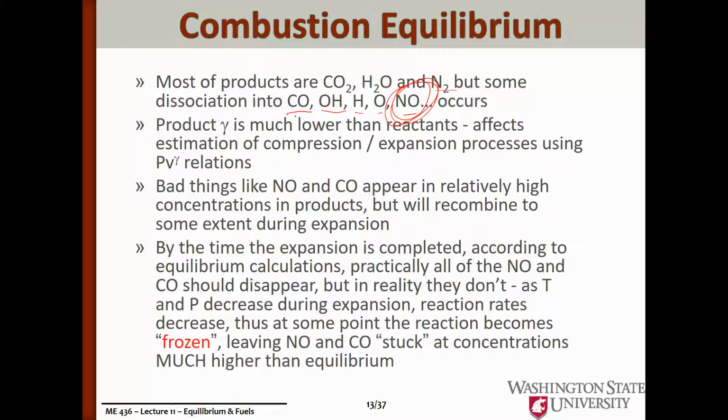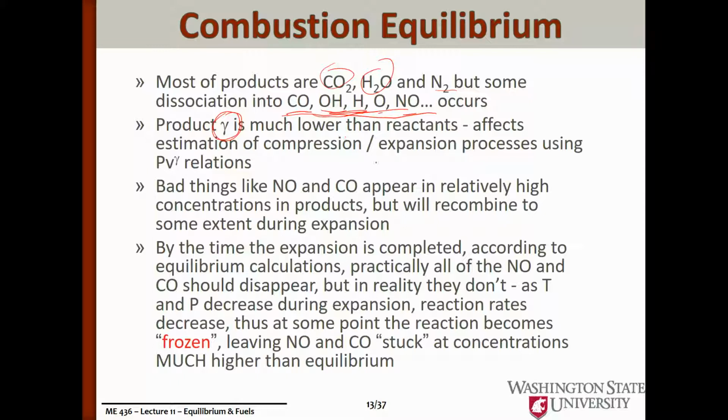One of the issues with having these extra species is that the ratio of specific heats is much lower with these extra dissociated species, because they're monatomics and diatomics rather than triatomics, so their specific heat ratio is generally lower.